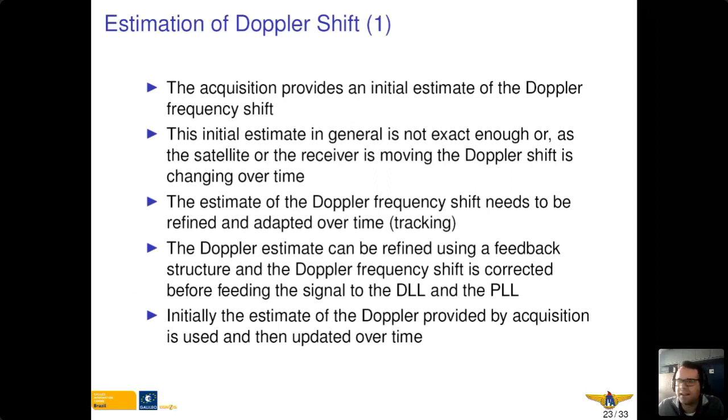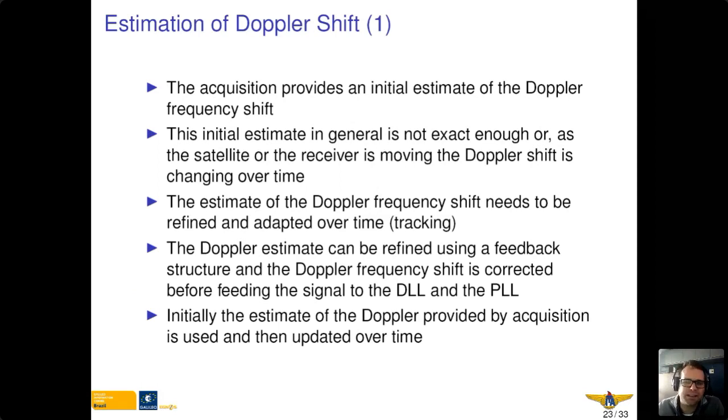We can see that when we look at the derivation of the FLL now. There are also receivers that switch between FLL and PLL, so they first try to refine the Doppler estimate and then start the phase estimate.